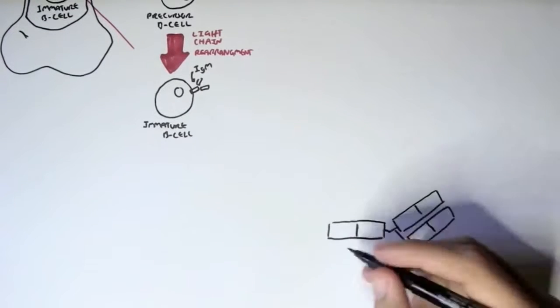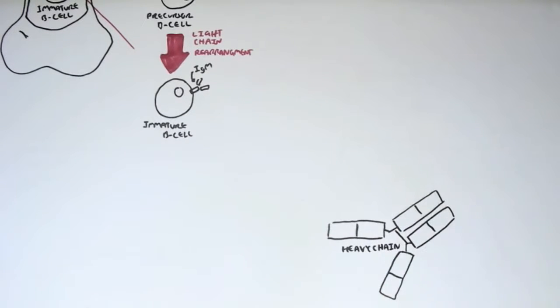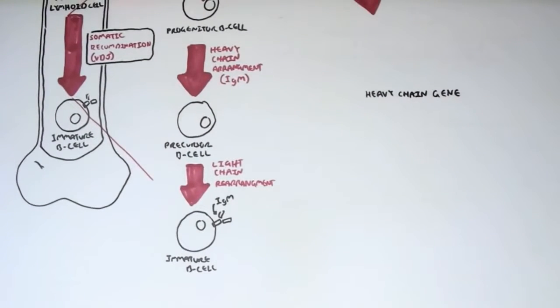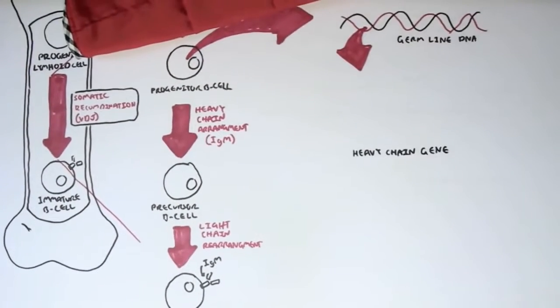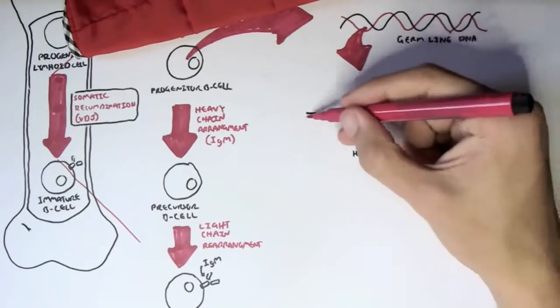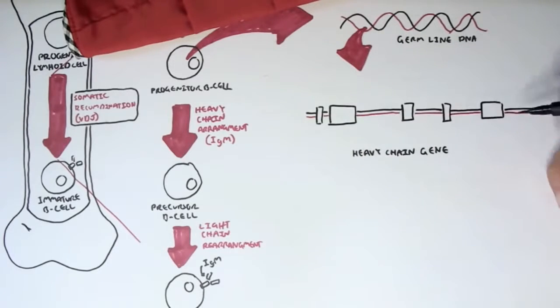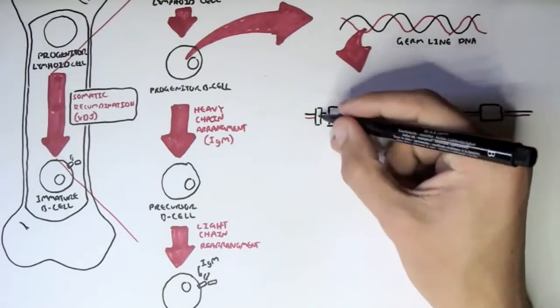And this is the heavy chain of the antibody. Now going back to the heavy chain gene, we will look at the overall picture of the VDJ recombination, which involves the VDJ segments. In reality, there are many V segments, many D segments, many J segments, but we'll only look at one to understand the process here.